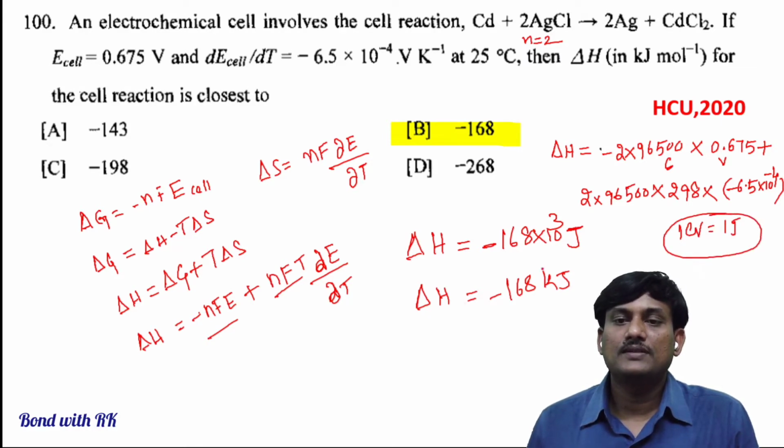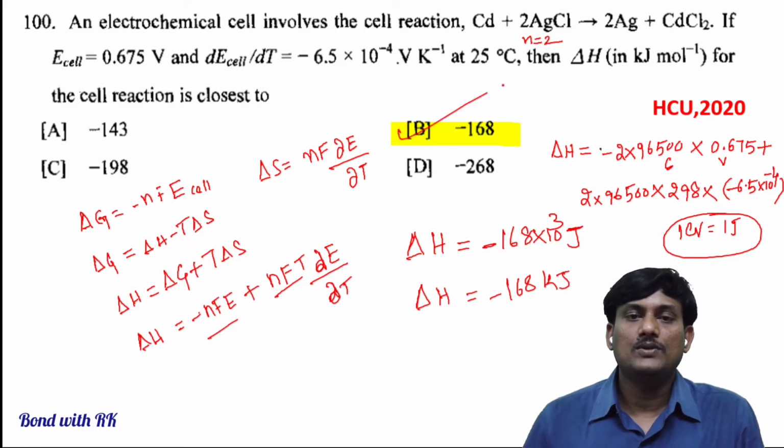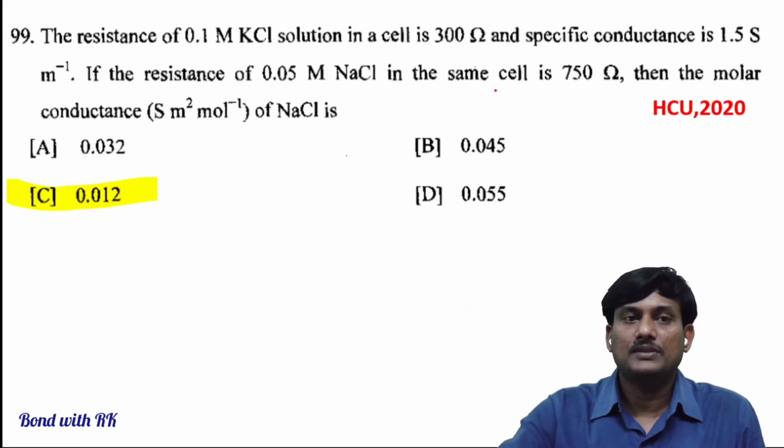After simplification, this many coulomb volts means this many joules. When you divide by 1000, you will get minus 168 kilojoules. So B is the correct option.